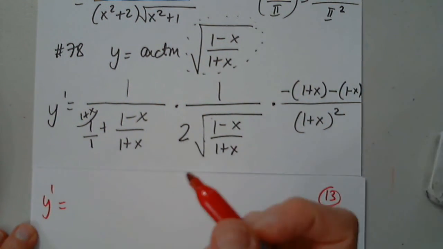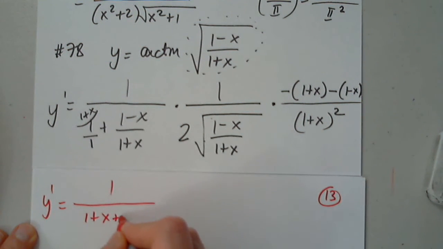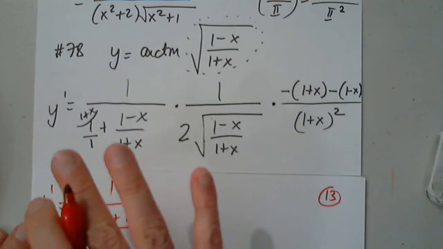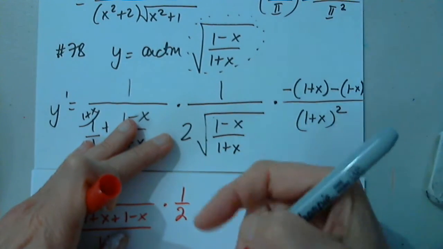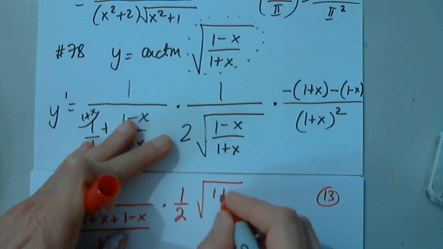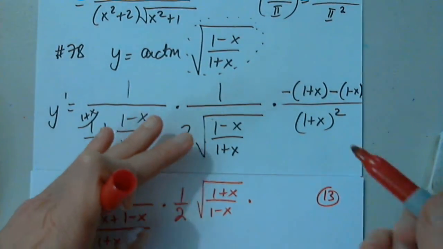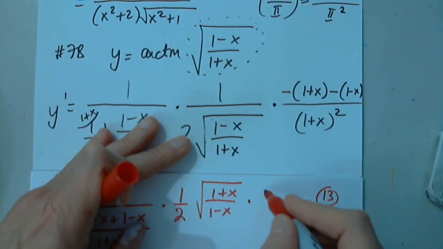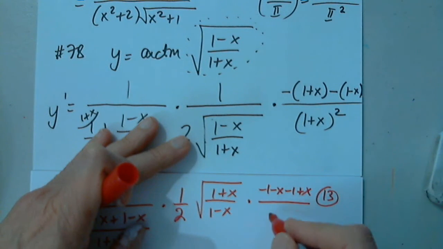So then y prime, 1 over 1 plus x plus 1 minus x over 1 plus x. It can wait for a moment. This one is 1/2, but I have to flip this, the square root of 1 plus x over 1 minus x, times. Okay, then I have here a -1 minus x minus 1 plus x over 1 plus x squared.